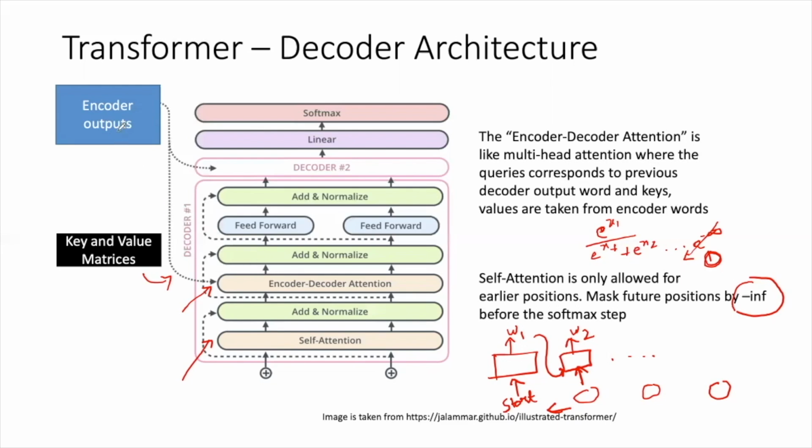The earlier encoder outputs, we multiply them with certain key and value matrices to generate the keys and values for these encoder outputs.